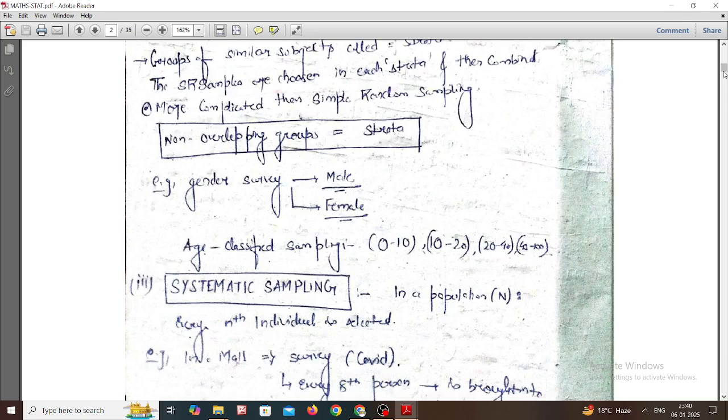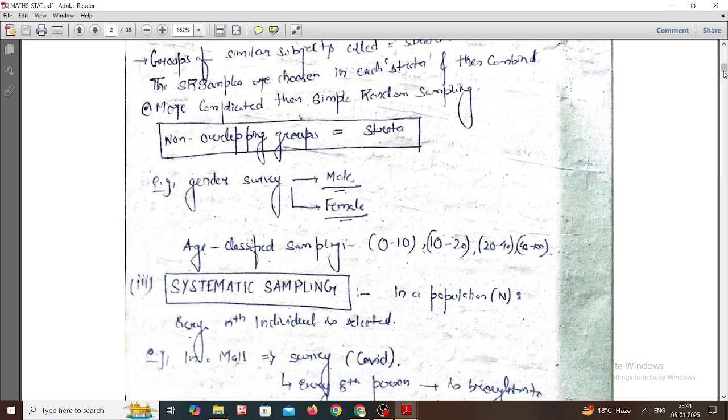Again, we may also arrive at a choosing pattern, as if we choose one boy and one girl. This also might be in a random kind of situation. Suppose, as I said, there are 6 boys and 4 girls, and out of that, one boy and one girl would be chosen.